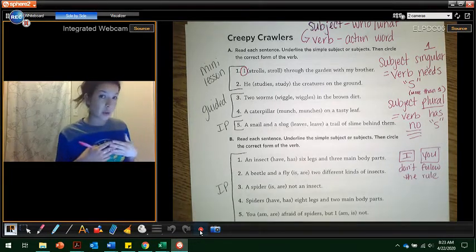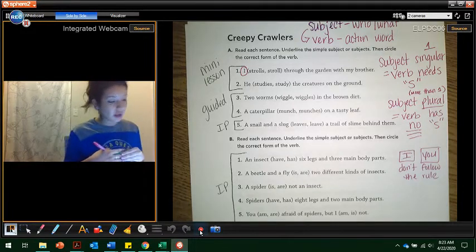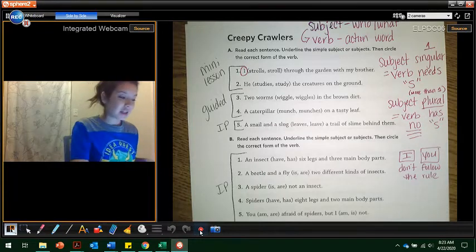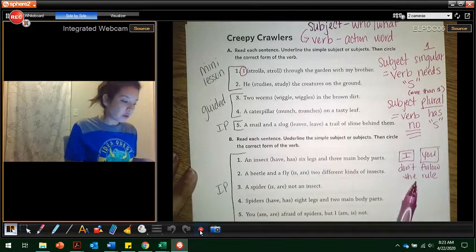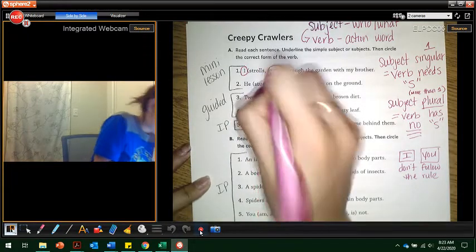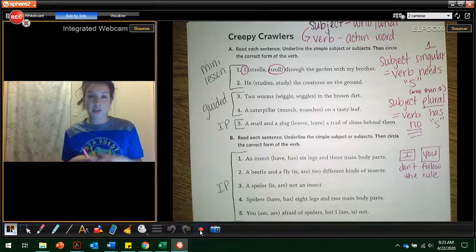That's how you should practice it. I strolls through the garden with my brother. I stroll through the garden with my brother. Yes, because it is singular, but I doesn't follow the rule, so the answer is stroll. All right? So the subject-verb agreement here is I stroll. Do they agree?